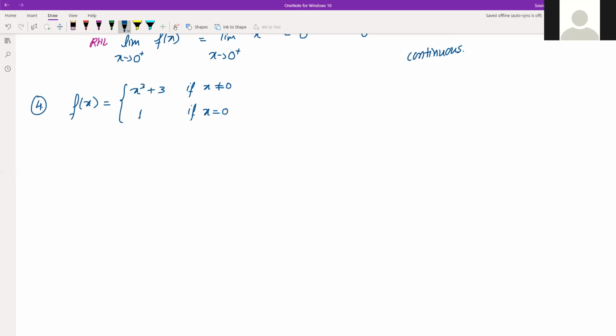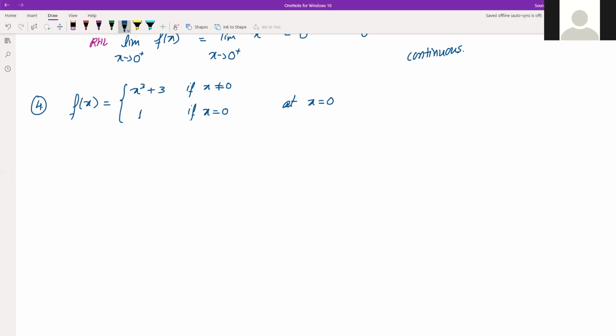We have to check continuity at x equals 0. Normally this is the point where the function may have different values, so we discuss continuity at such points only. Otherwise, we know it will generally be continuous at other points.